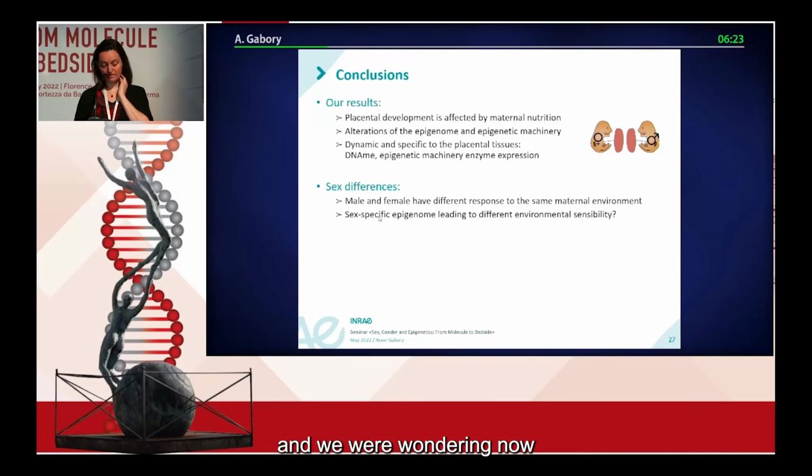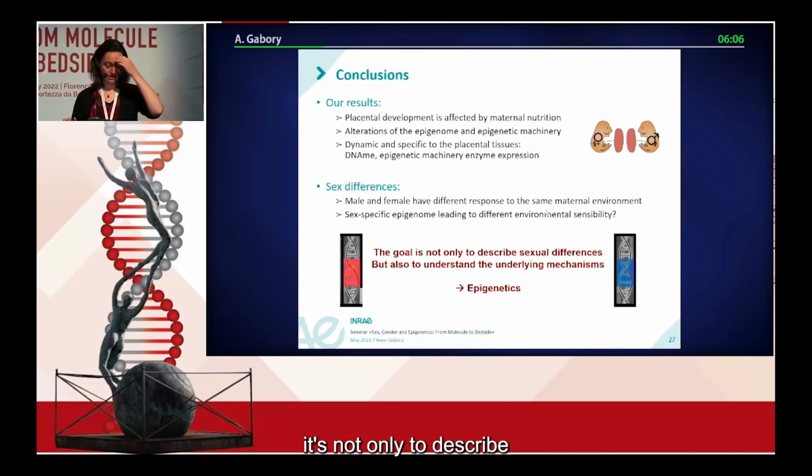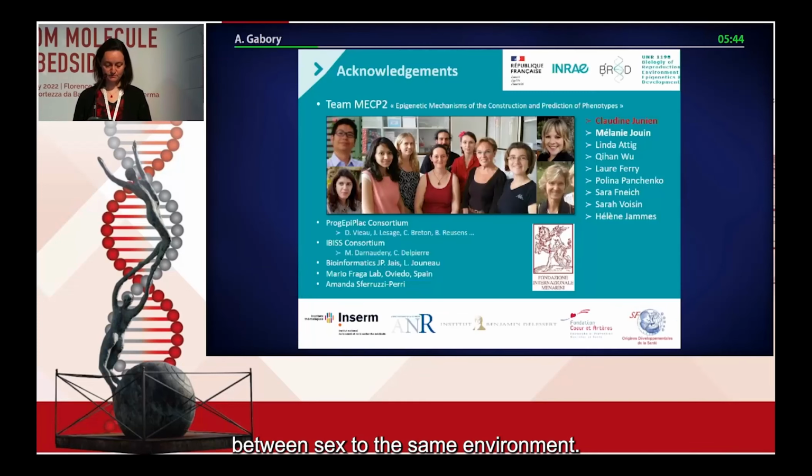And we were wondering now, is it this sex-specific epigenome that leads to different environmental sensitivity? What I want to do now is not only to describe sex differences, but also to understand the underlying mechanism. And I really think that these enzymes coming from the X and Y chromosomes, coming from gene pairs, can have a really important role in the difference between sexes in response to the same environment.